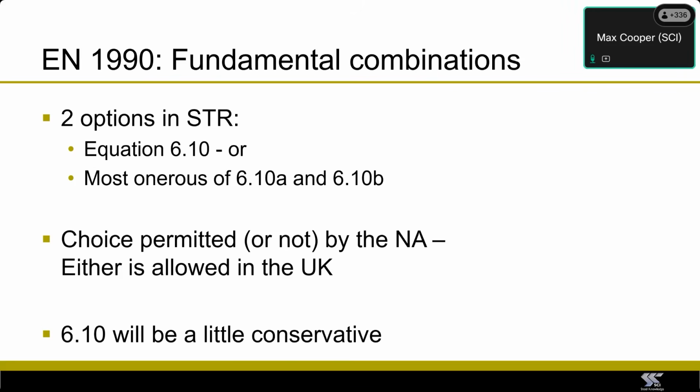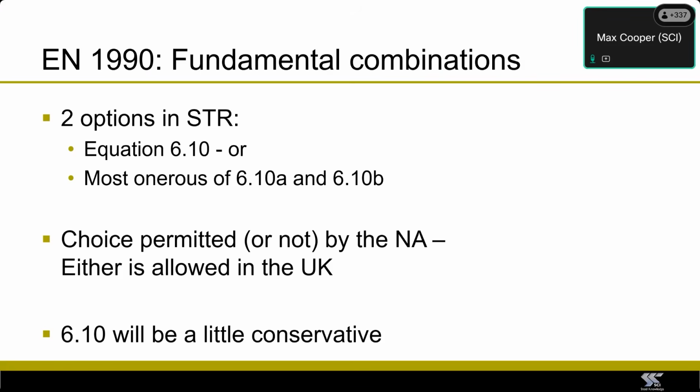So let's just go through those in a little more detail. 6.10 is a single expression, hopefully quite simple to use, but will give you a slightly more conservative value. Expressions 6.10a and 6.10b are slightly more involved. There's two expressions to consider, but hopefully that slightly increased workload will result in a lower design value and therefore a more economical structure.